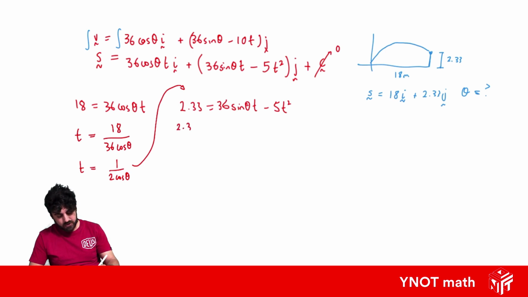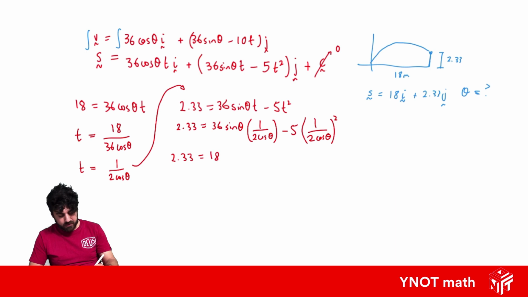So we're going to get 2.33 equals 36 sine theta times t, which we know is 1 over 2 cos theta, minus 5 times t squared, which is 1 over 2 cos theta, all squared. So we get 2.33 equals the 36 divided by 2 is going to be 18, and sine on cos is going to give us tan, minus, we're going to get 5 times 1 over 4 cos squared theta.